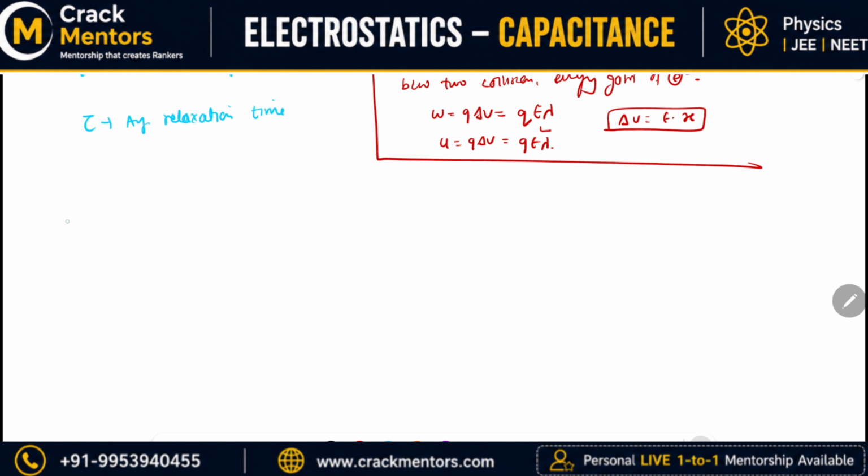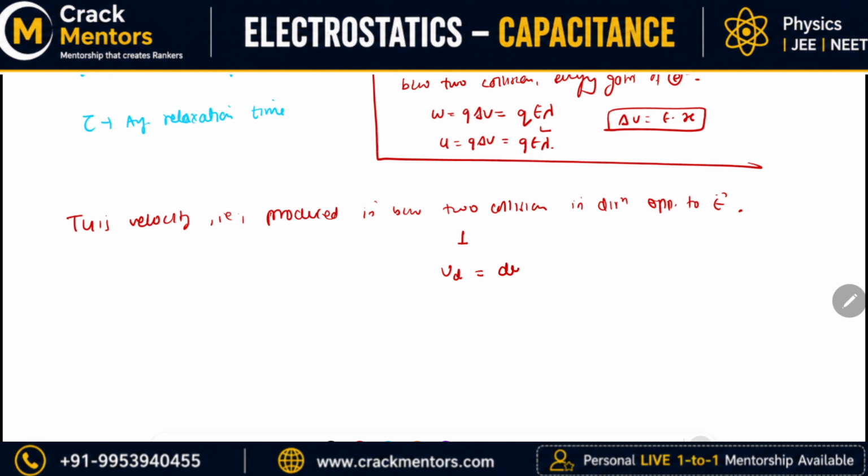This velocity is known as drift velocity, produced between two collisions in the direction opposite to the electric field, and it is represented by the letter Vd.